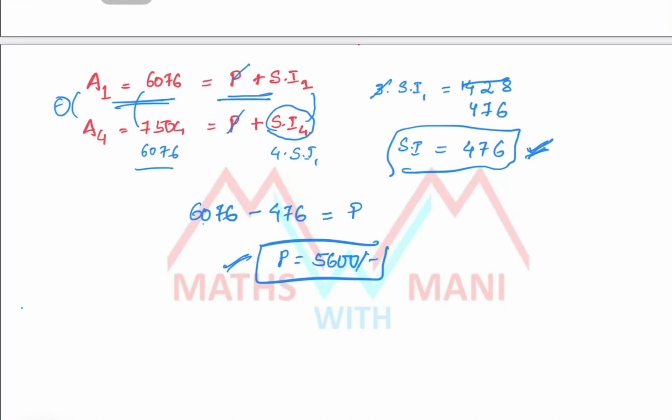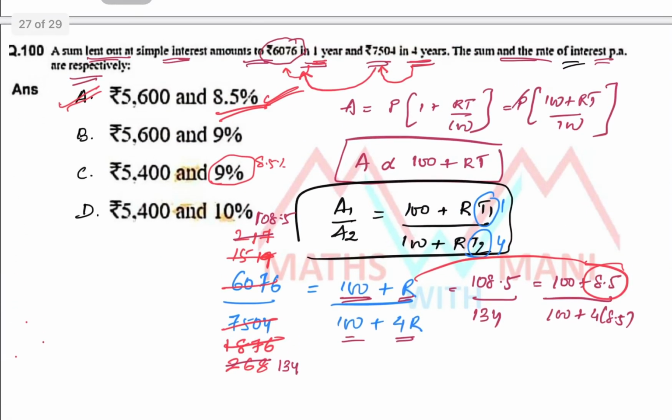Without calculating rate of interest, I am finding out principal. In the earlier method, without finding the principal, I found the rate of interest. So in the exam, if they ask to find the rate of interest, then go to this method. If they ask to find the principal, then go to that method. Okay, I hope all of you understand this concept.